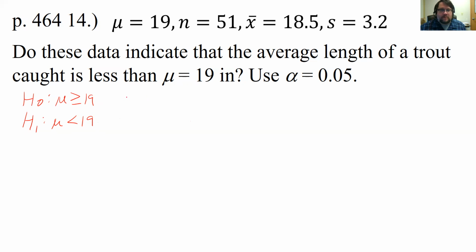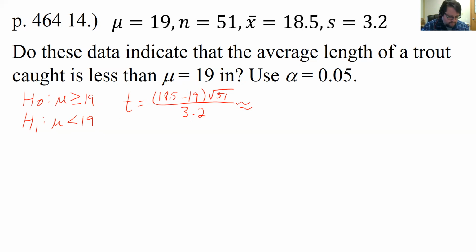All right, so we need to find our t-value. So we're going to take our sample mean, 18.5, minus our predicted mean. We're going to multiply that by the square root of our sample size and divide that by our standard deviation.